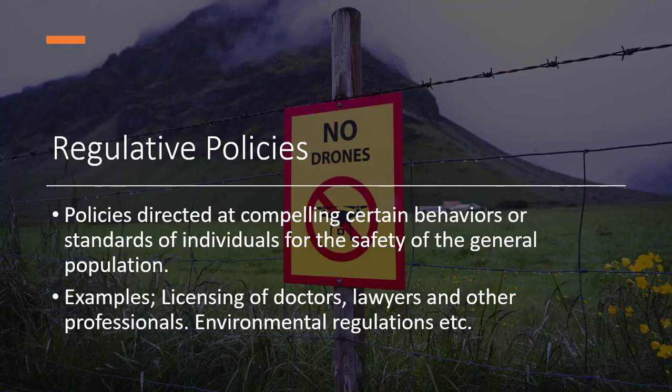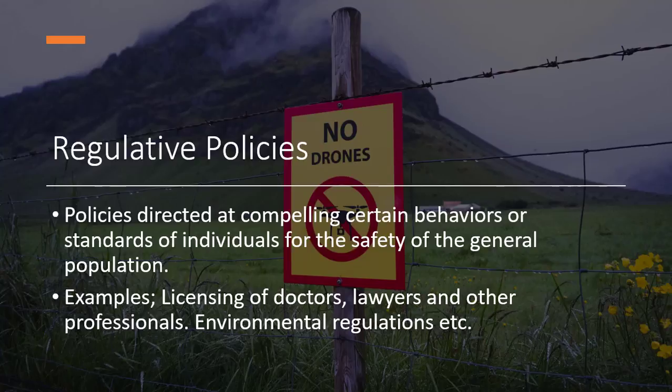We need doctors that are trained and certified. Not everybody can be a doctor. I can't just wake up out of the blue and say I want to be a doctor. So one way of regulating the system to have a quality healthcare system, which would include quality doctors, is licensing, and that's a regulative policy. And this happens to lawyers and others too.